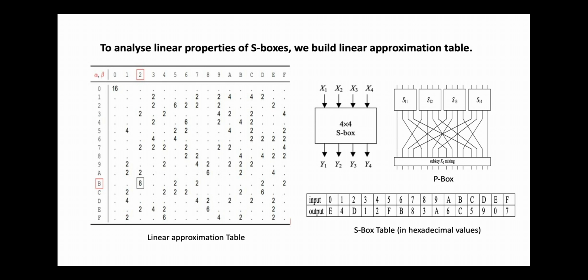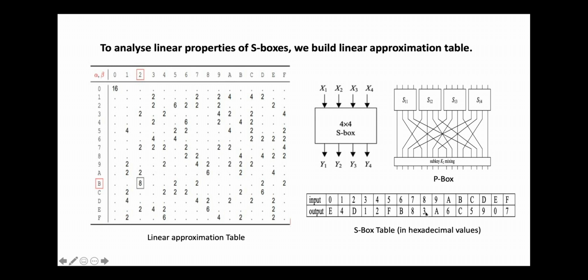I remember one more question arrived in my mind when I was first reading about linear cryptanalysis: why are we creating this approximation table? If we consider x1 as input, it means this is 8, and we can find the output from the S-box table.